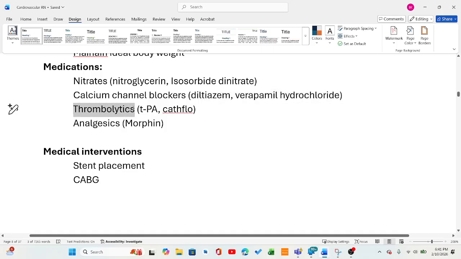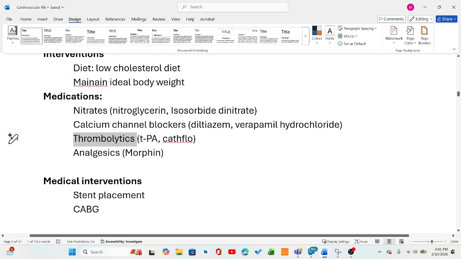Now, when it comes to the blockage, when it is a clot that is causing the obstruction, sometimes the doctor will use thrombolytics. Thrombolytics are going to dissolve the clot. There are two different things. There's a difference between thrombolytics and anticoagulants.